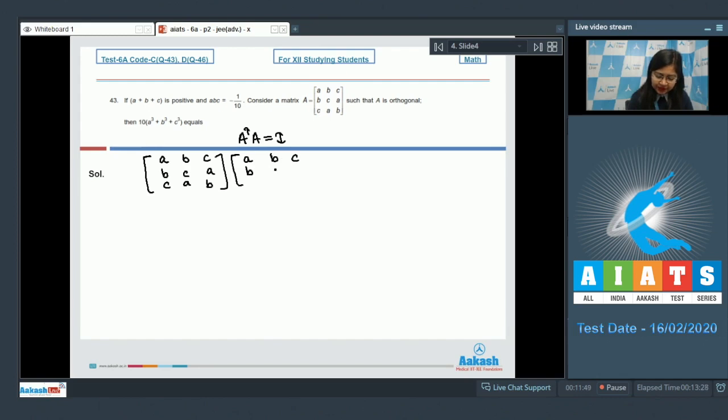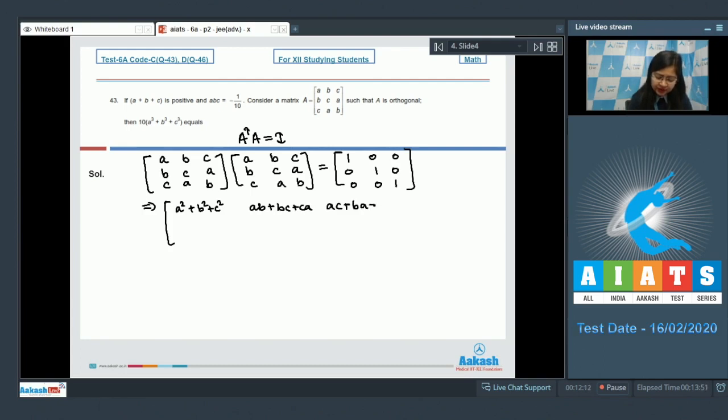So multiplied with A, that is CAB. This is given to be equal to I, that is the identity matrix, whose diagonal elements are 1. Now multiplying these two, we can see a square plus b square plus c square, and here ab plus bc plus ca.